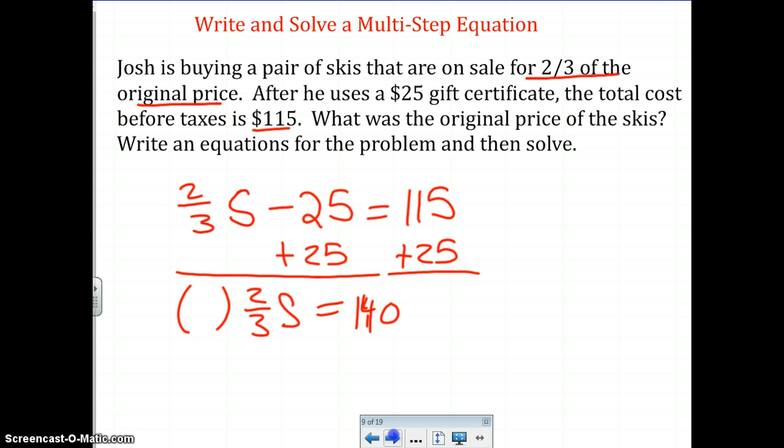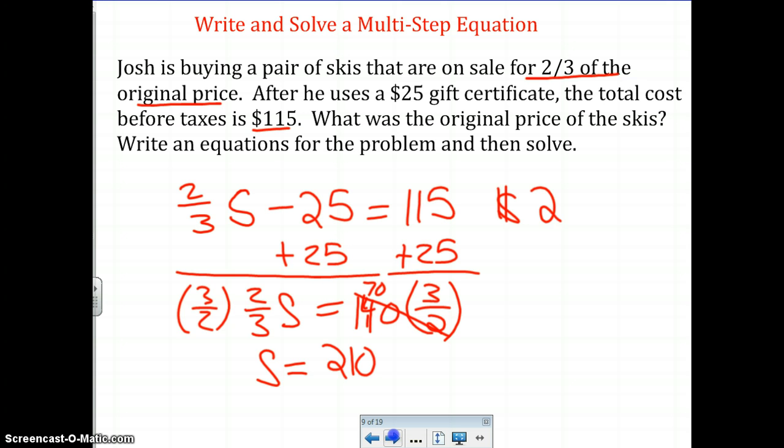Go ahead and multiply by 3/2, the reciprocal. And that leaves us with the skis on the left side of the equation. I can simplify that down to 70. 70 times 3 is 210. So the skis are $210. Pretty good bargain on a new pair of skis.